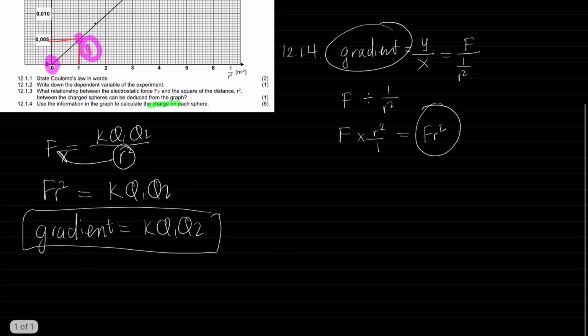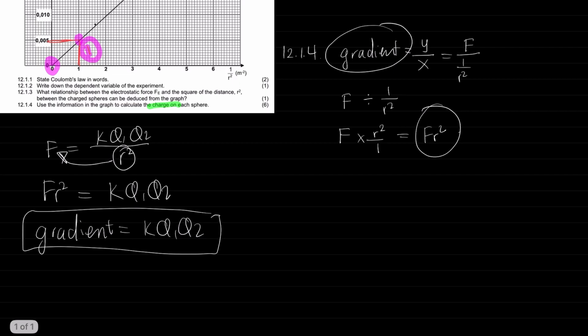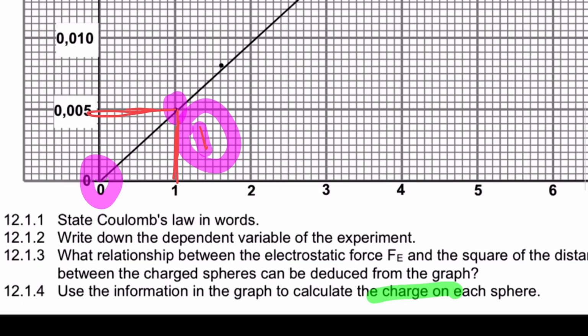So we'll work with the gradient, G, is equal to, now we need to get coordinates here. The coordinate here would be 0.005 and 1. And of course, the origin we know is 0 and 0.